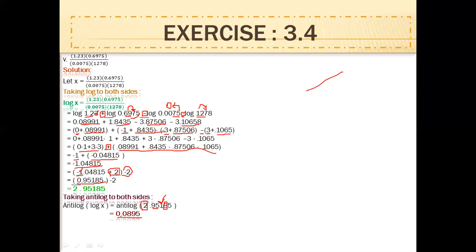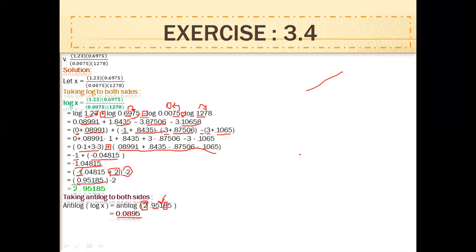When we check 0.95 in 1, then our answer will become 0.0895, because the characteristic is minus. Characteristic is minus, so that's why we put the sign. 0.0895 will be our required number.